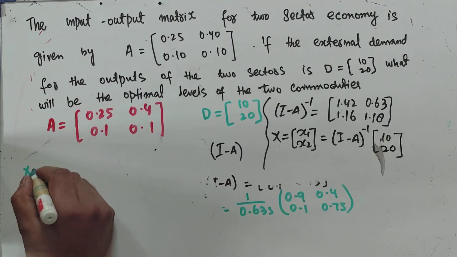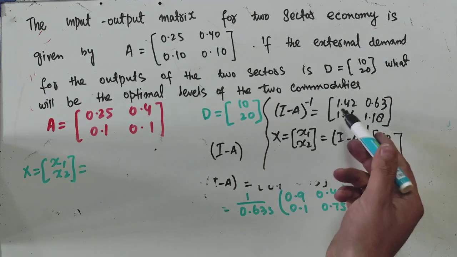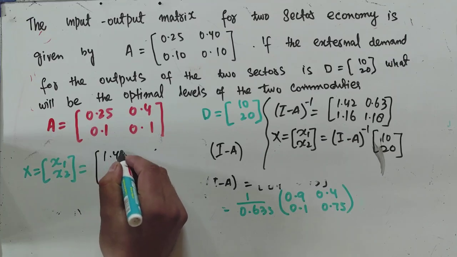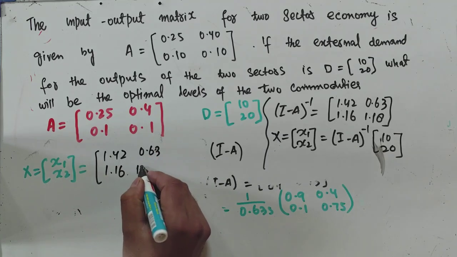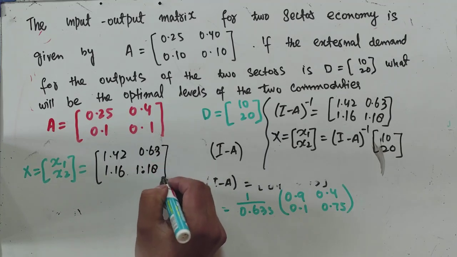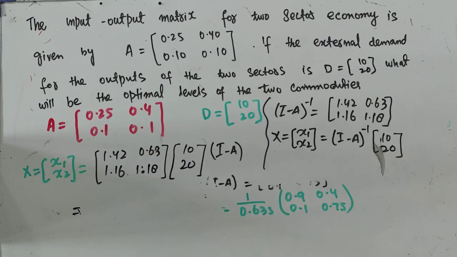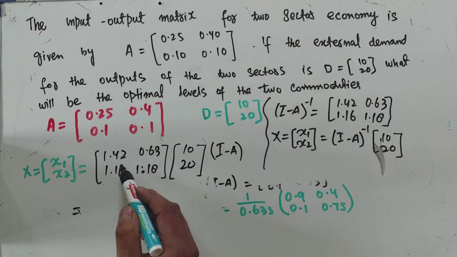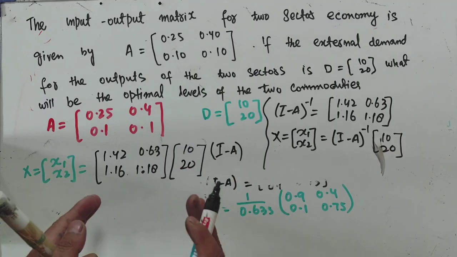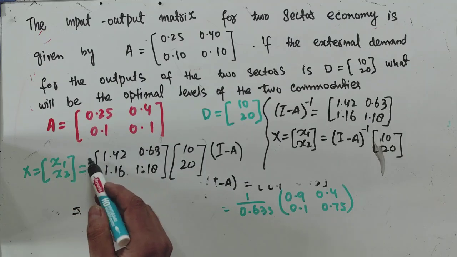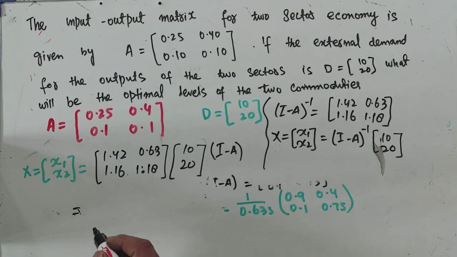So our x, which is x1 x2, will be equal to this matrix 1.42, 1.16, then 0.63, then 1.18, multiplied by 10, 20. We have matrix multiplication here, since these two matrices are conformable, that is, matrix multiplication is defined. Why? Because the number of columns in the first matrix is equal to the number of rows in the second matrix, so we can do the multiplication here.